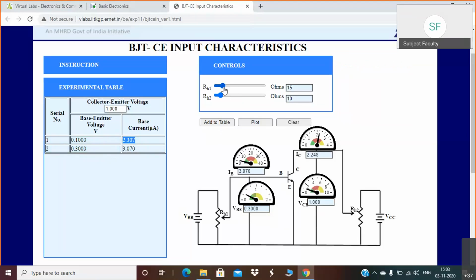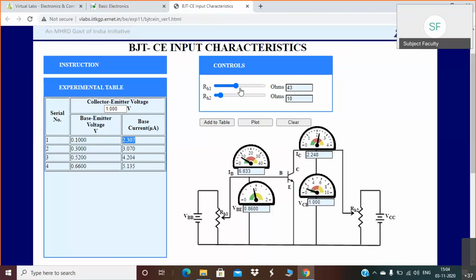Again you have to vary the rheostat. Let's go with 0.5. Anyway, 0.52, let's say. So again I am recording this reading. Again vary this. I am varying at random. Okay, so I will just take a few readings at random.